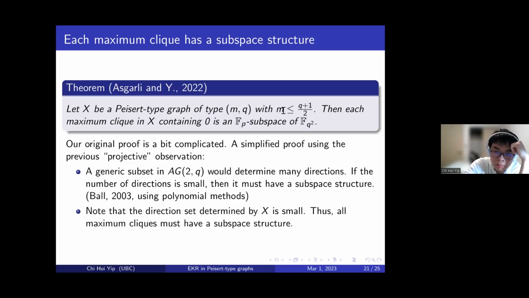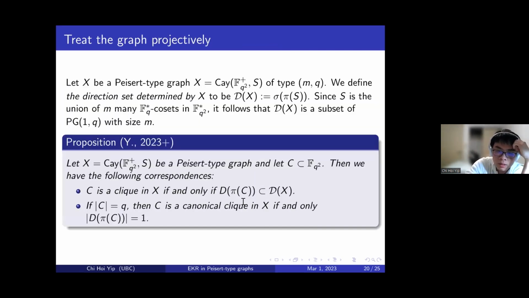Here, because m is at most (q+1)/2, the direction set determined by X is at most (q+1)/2. Somehow we can understand that as the direction set determined by X being small. Then if we go back to this proposition and look at the first item, we can see that the direction set determined by every clique is small.